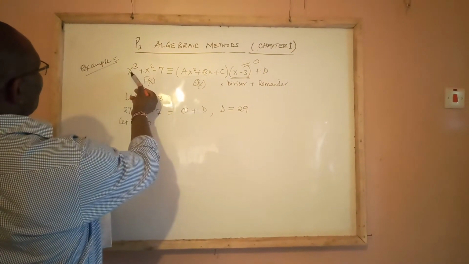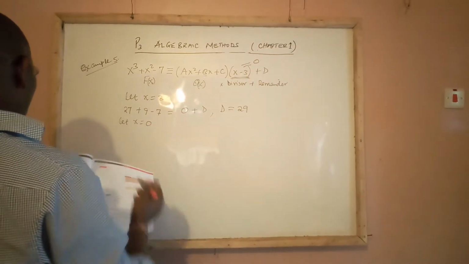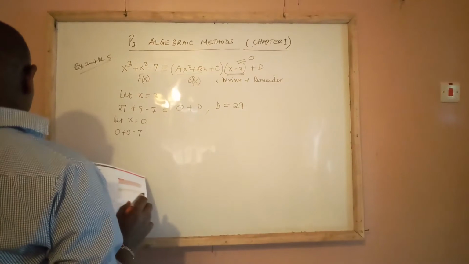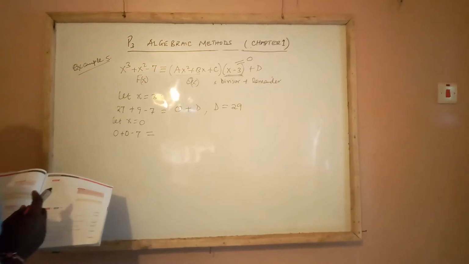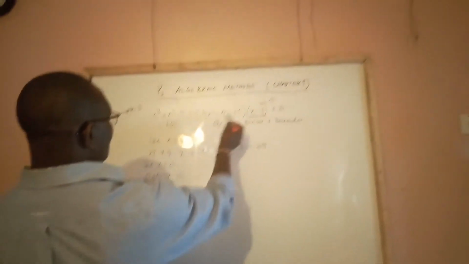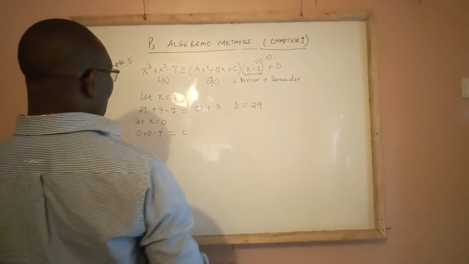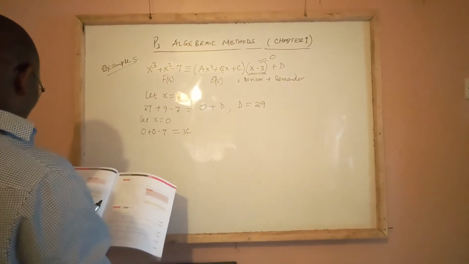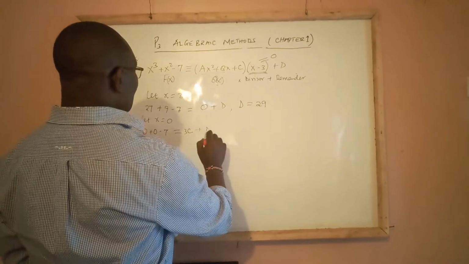We are going to have 0 plus 0 minus 7 equal to a times 0, which is 0, plus b times 0, which is 0, plus c times 0 minus 3, which is negative 3c, plus d.